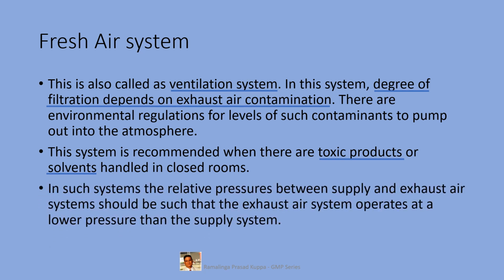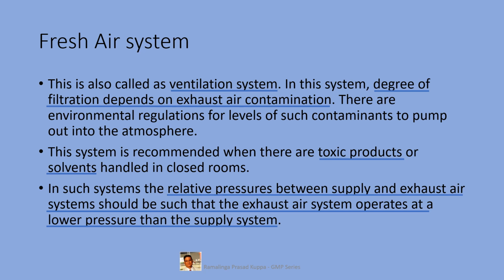In such systems, the relative pressure between the supply and exhaust air systems should be such that the exhaust air system operates at a lower pressure than the supply system. This means the exhaust should be at lower pressure compared with the inlet pressure.